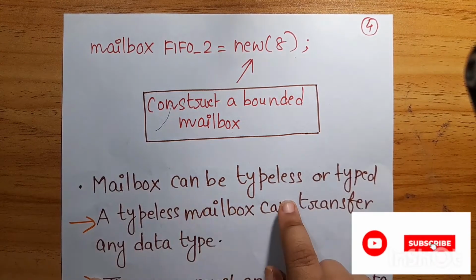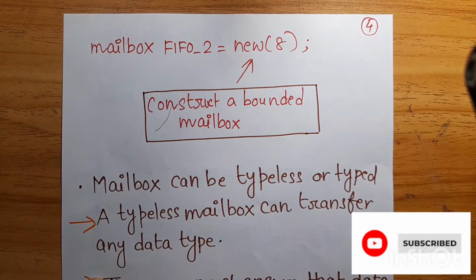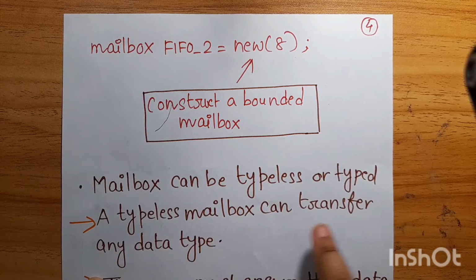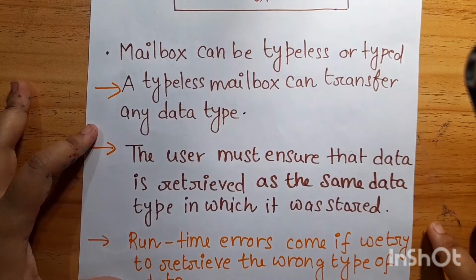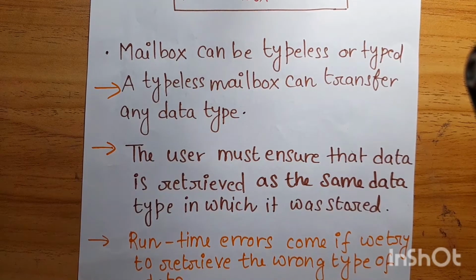So a mailbox can be typeless or typed. A typeless mailbox can transfer any data type. A typed mailbox can hold only a particular data type. There is no limitation on a typeless mailbox, meaning it can hold a combination of different data types.